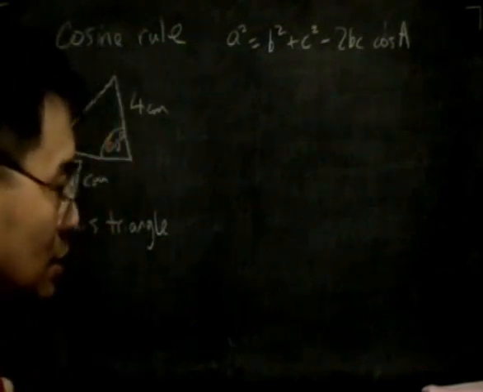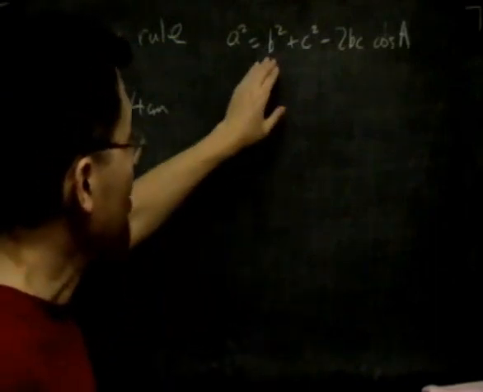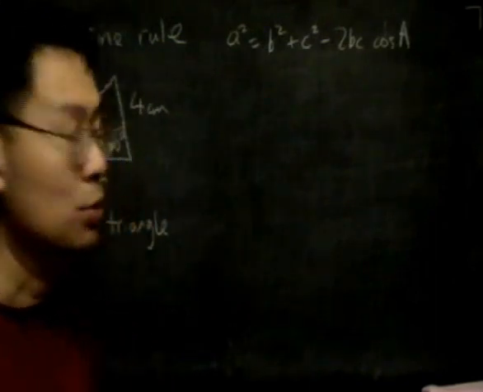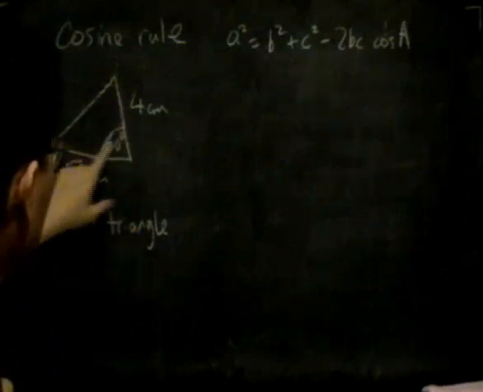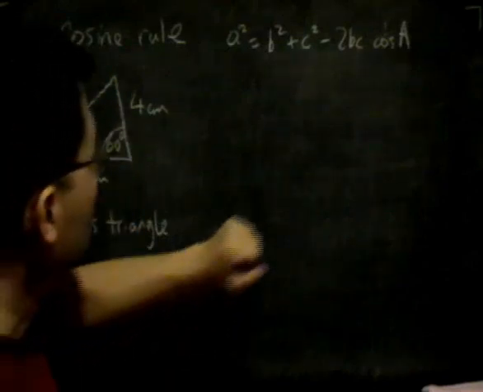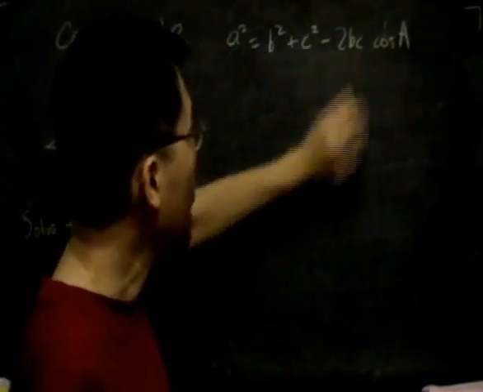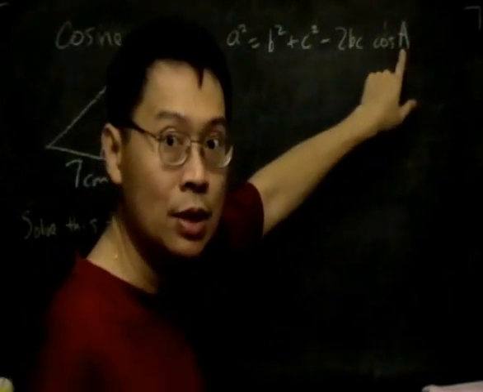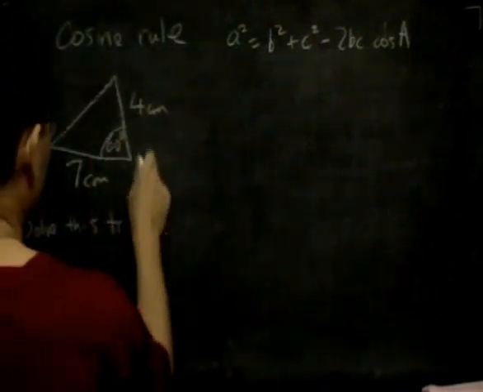The idea is that you want to use the letters to make it easier for you to use the formula. In this case, we know two sides and an angle, and in the formula for the cosine rule, that angle is A. So why not call that angle A?